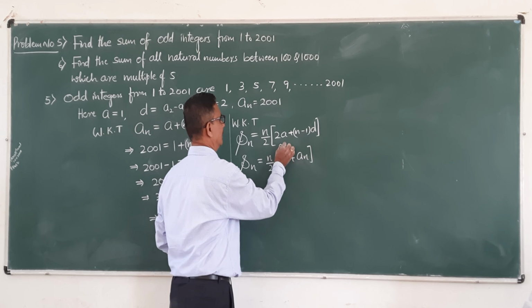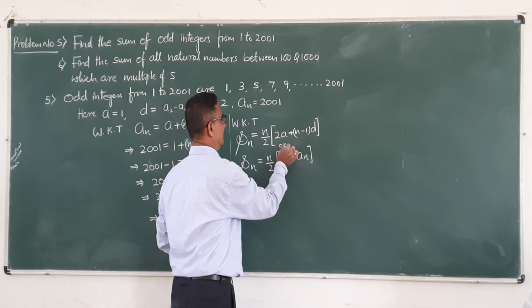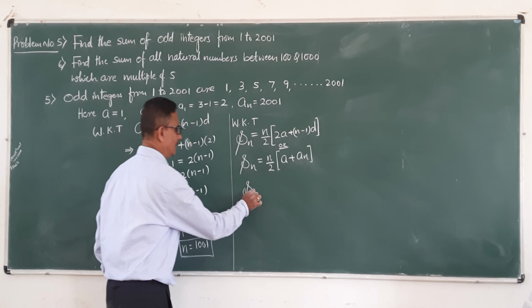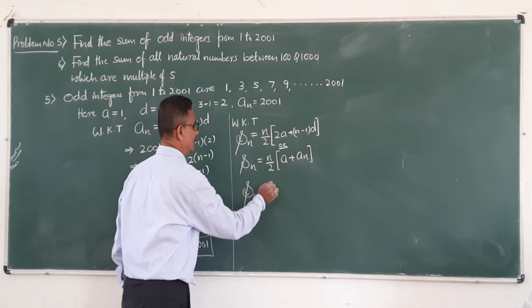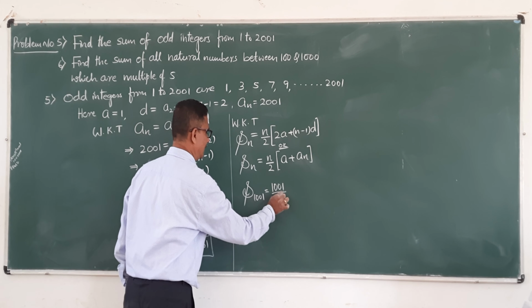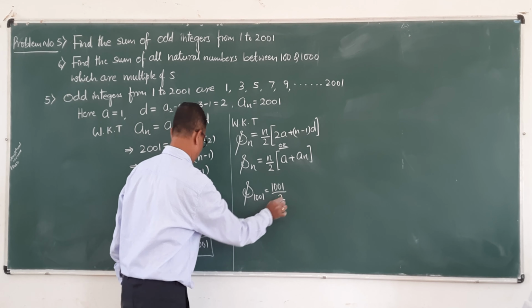Both are same. Right? Now, to find the sum, n value 1001, S_n equals n divided by 2 into bracket a, the first term is 1, plus a_n, the last term, 2001. Right?